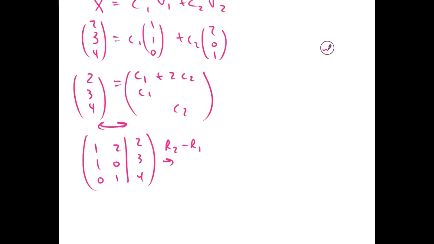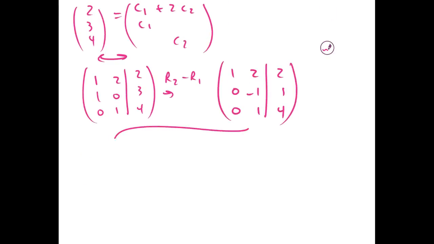So sorry, I'm going to do R2 times negative 1, which gives us 1, 2, 2, 0, 1, negative 1, 0, 1, 4.